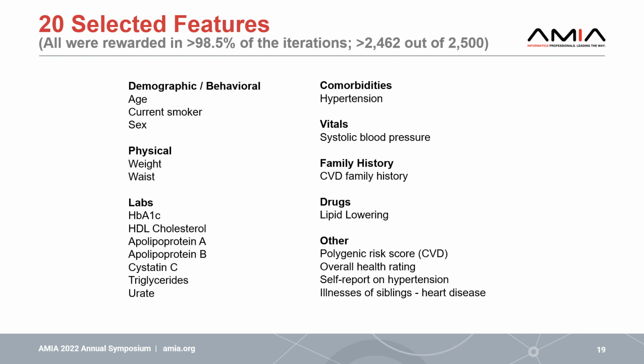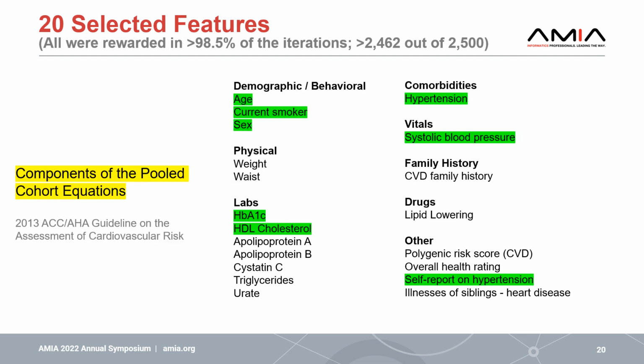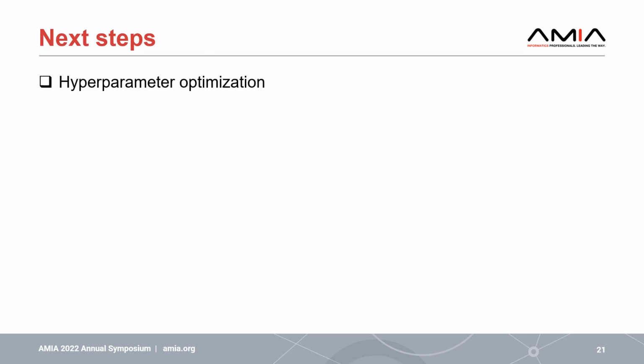You see demographics, physicals, labs, family history, drugs, hypertension, and they make sense because they're very consistent with the pooled cohort equations. All of the components of the pooled cohort equations were identified by our method, and they're highlighted in green in this slide.